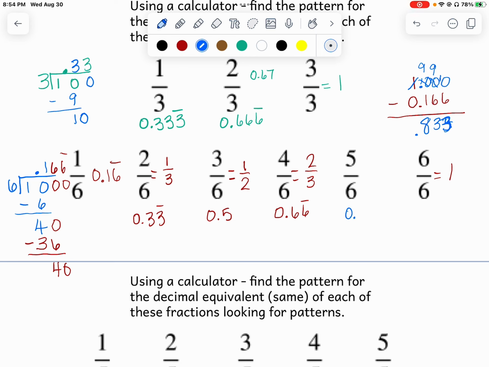But really, all you had to learn, oops, not that one. All you had to learn was that 1/6 is the same as 0.16 repeating. And 5/6 is the same as 0.833 repeating.